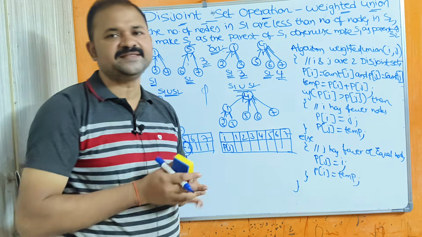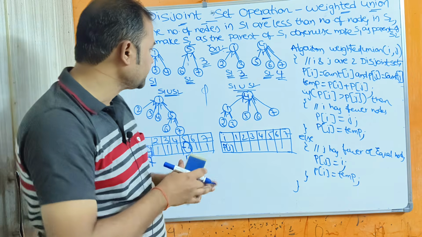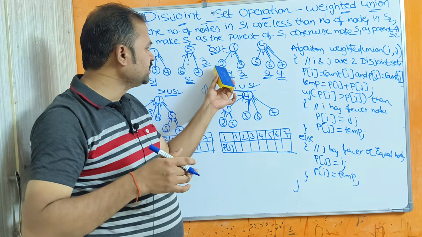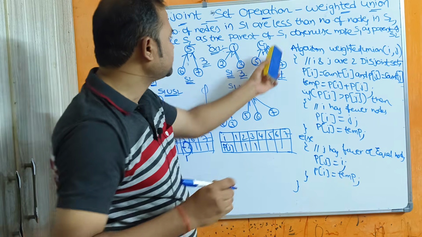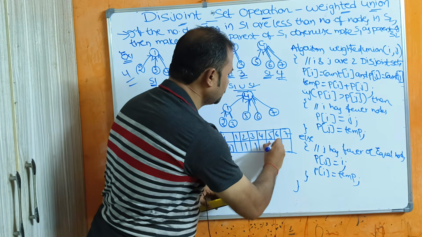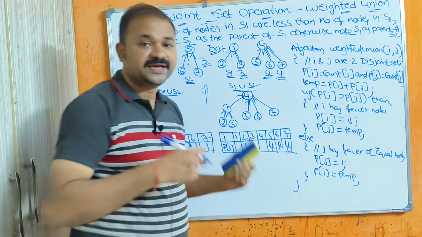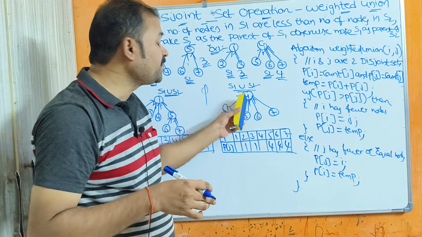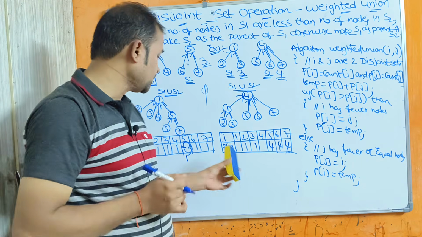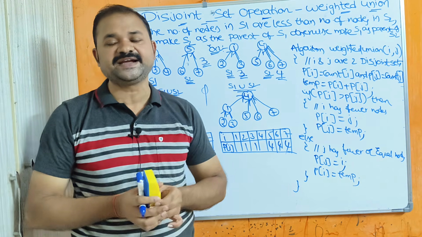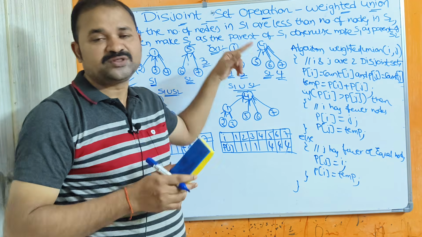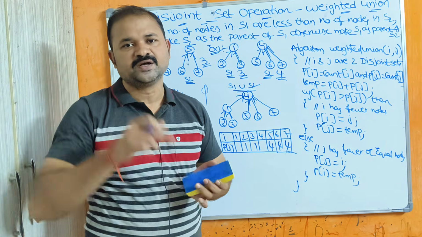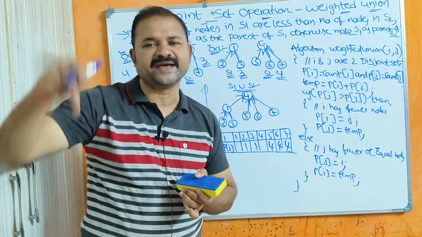Now let us maintain the data information here. Initially, what is the data here? 2, 3's parent is 1. Next, 5, 6, 7's parent is 4. Initially, that means before performing the weighted union operation, what will 1 and 4 contain? Initially, this 1 is nothing but a root node. We know that in simple union operation, the root node's parent is always -1.